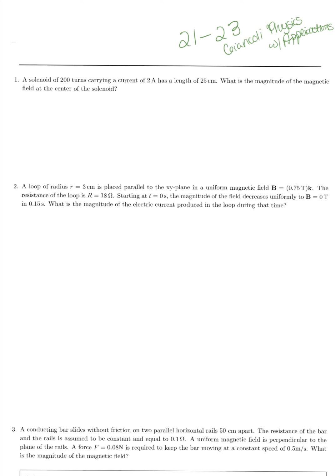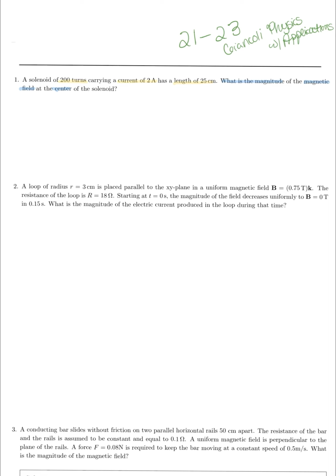So we're given that it's a solenoid of 200 turns, carrying a current of 2 amps and has a length of 25 centimeters. And then we want to know what is the magnitude of the magnetic field at the center of the solenoid.